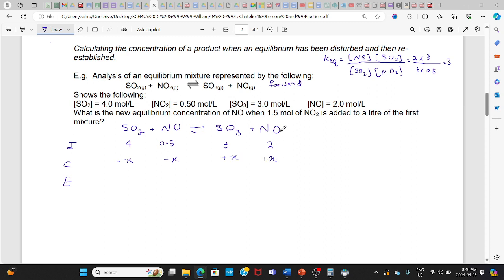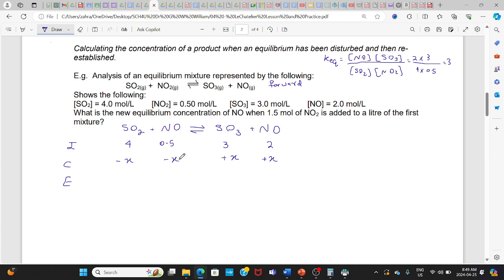But there is another change, 1.5 mole of NO2 in 1 liter. What would be the change in molarity? In addition to the negative x, I need to put this change here, right?